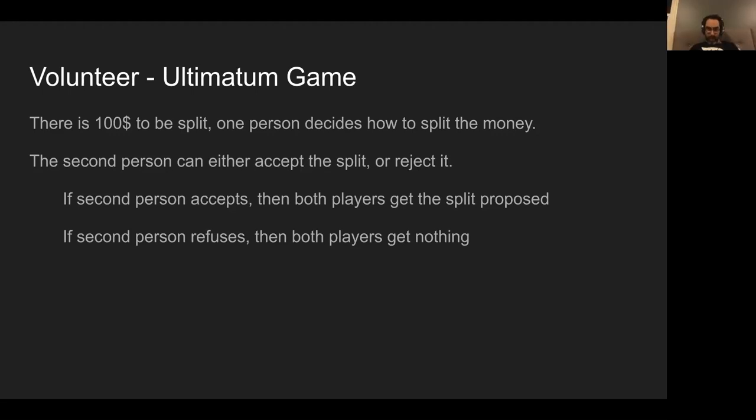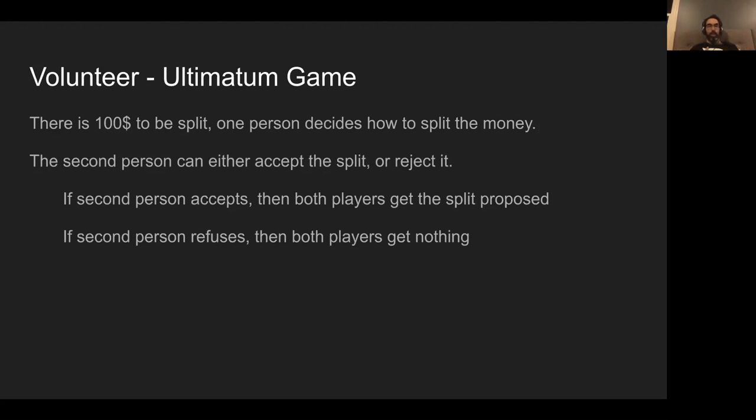We're going to play the ultimatum game. This is a simple game. Okay. So the condition is we have $100 to split. Neither of us own it. So it's not like we're splitting the game, we're splitting $100 between us. Let's say the typical setup is we found $100. We both saw it.